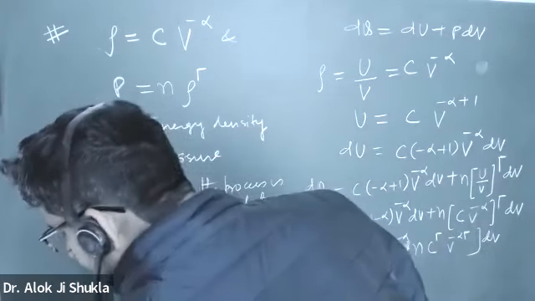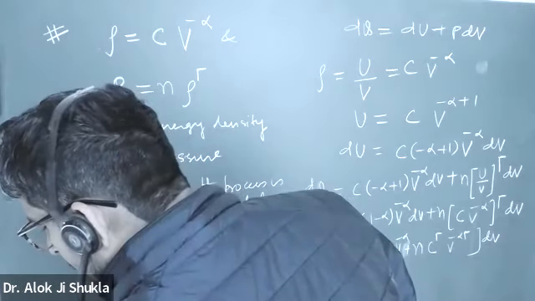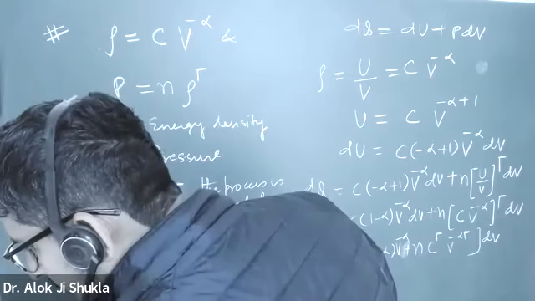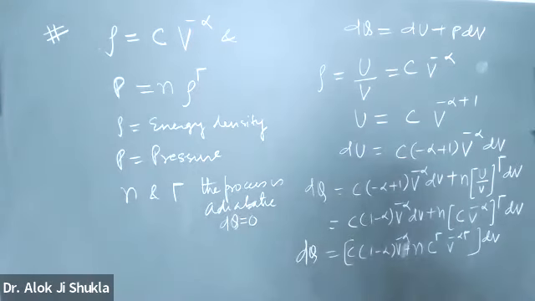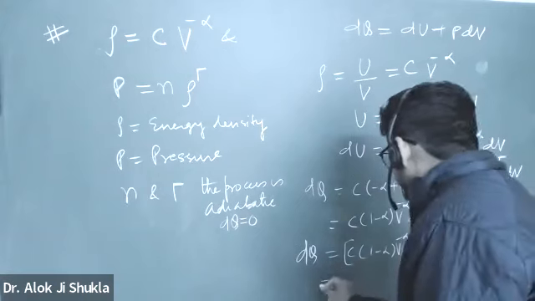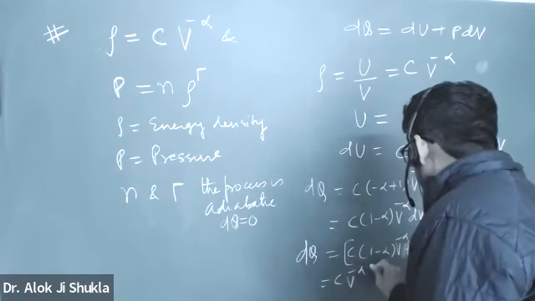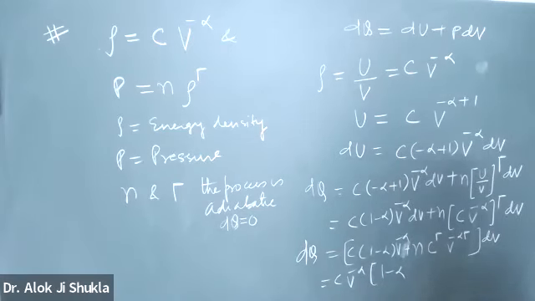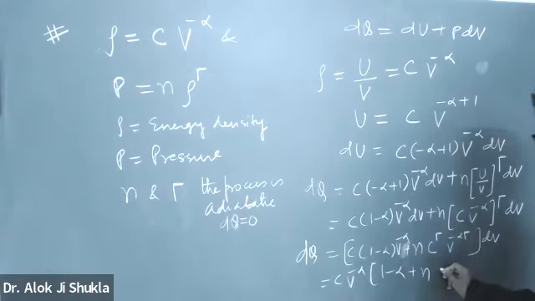Tell me. C_V to the power minus alpha... C_V raised to minus alpha and dV, 1 minus alpha, plus n, C raised to gamma minus gamma... minus V raised to C gone, na?